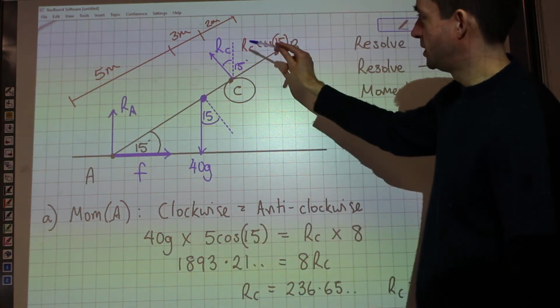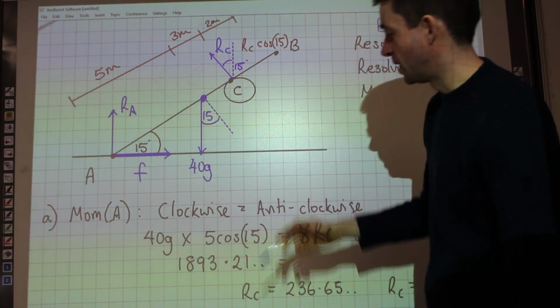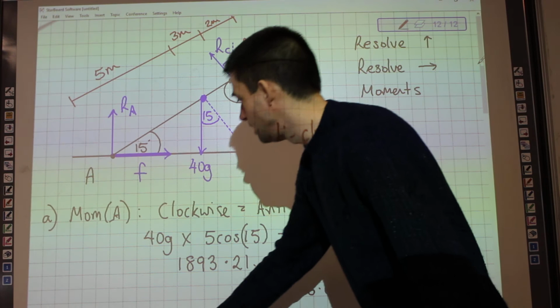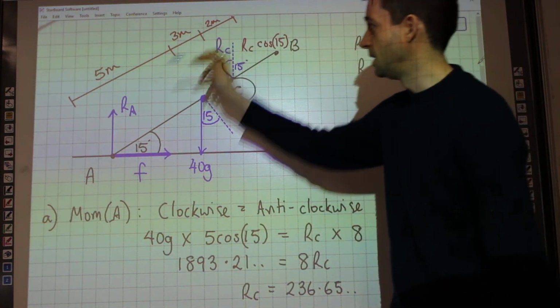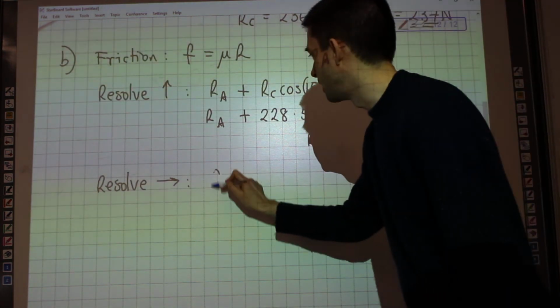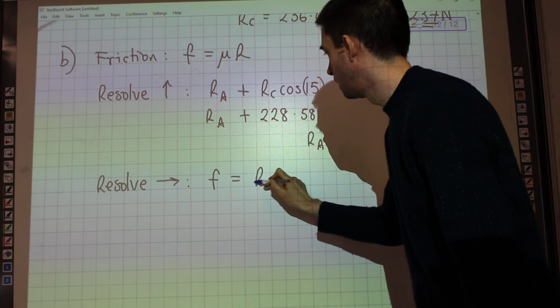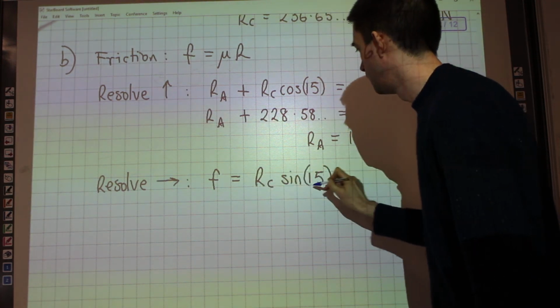What I can't ignore is I've got another force up here acting that way, and that is the RC sine 15, which is going in this direction here. So what I have now is that friction equals RC sine 15.